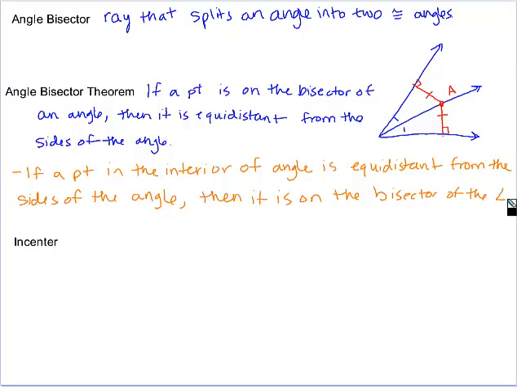So that's our angle bisector theorem. So if at any point in time we have a point somewhere on the interior of our angle, like here, this point A, and we know it is equidistant to both sides, then it is on the bisector.